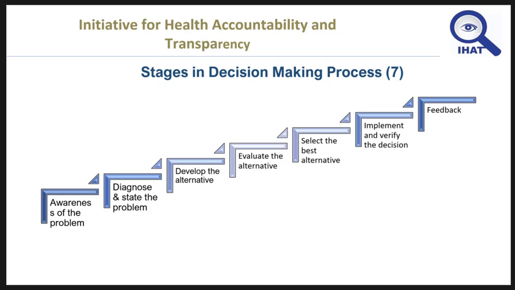The next step is to evaluate the alternatives. This step involves evaluation of the various alternatives on the basis of the feasibility of a particular action, the resources of the organization, and the time period in which the objective is to be achieved.